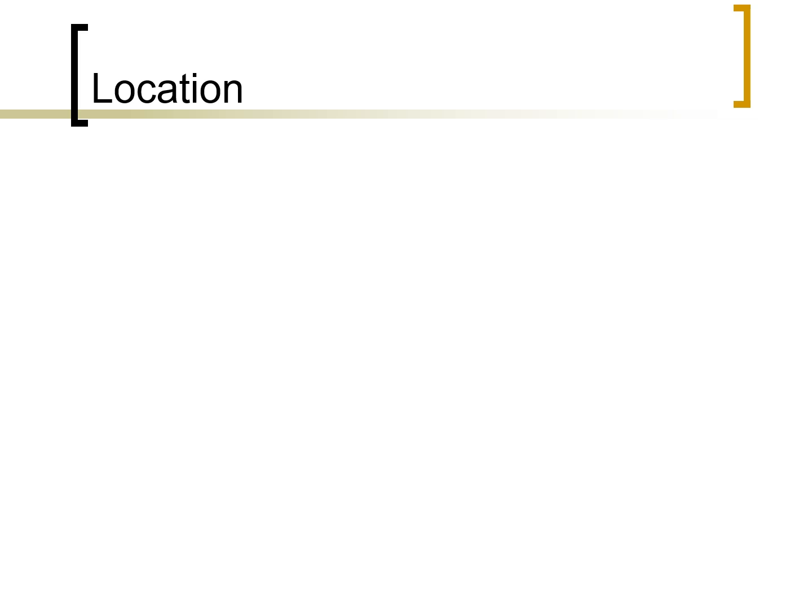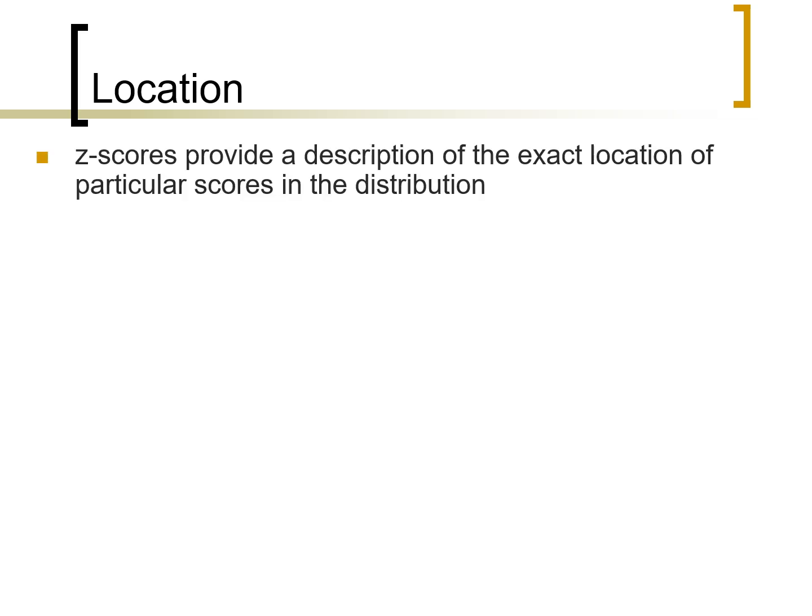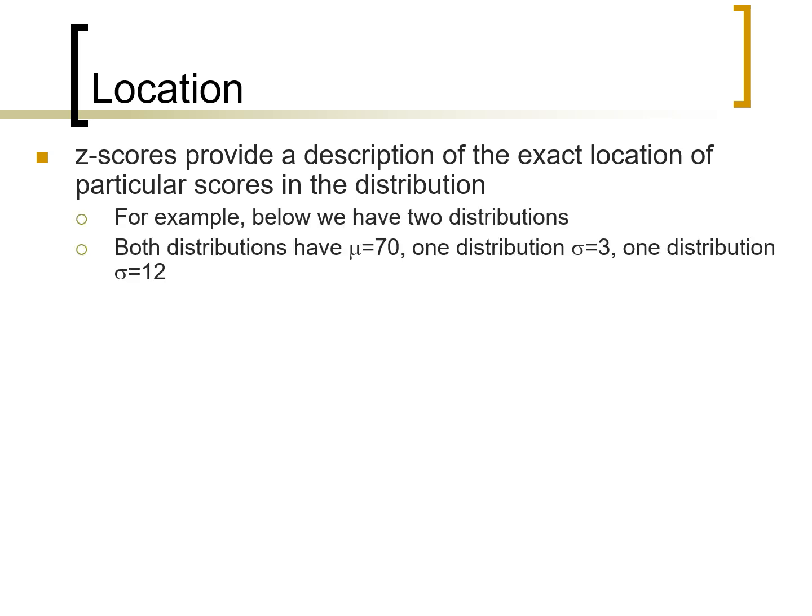So if we look at location in a distribution, a z-score provides the exact location of the score in the distribution, as we'll see many examples coming up. But think about this. Two distributions both have a mean of 70. One has a population standard deviation of 3, the other has a population standard deviation of 12.